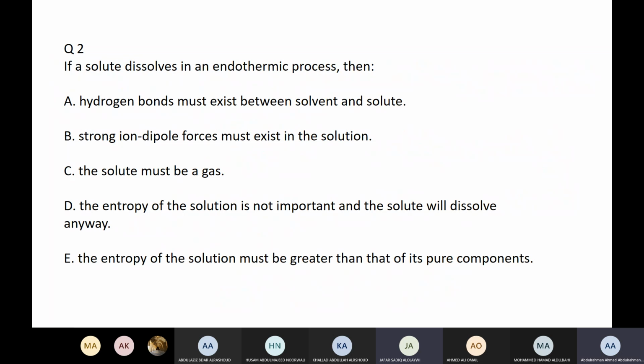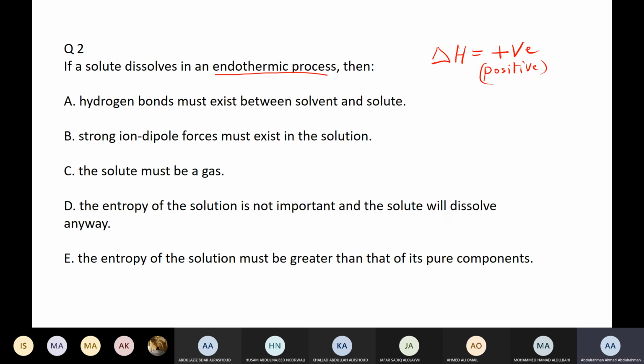Question 2. If a solute dissolved in an endothermic process, and yet it dissolved, then what is delta H for this process? Is it positive or negative? Positive. It's endothermic. Positive, but when we write it like this, it means positive. All right.